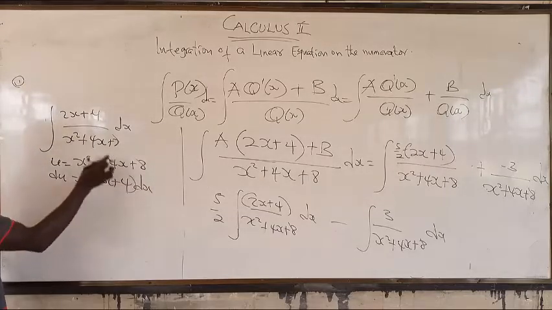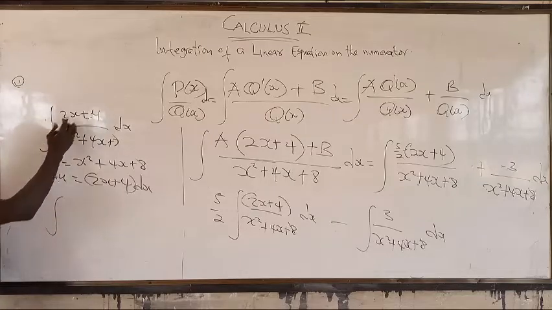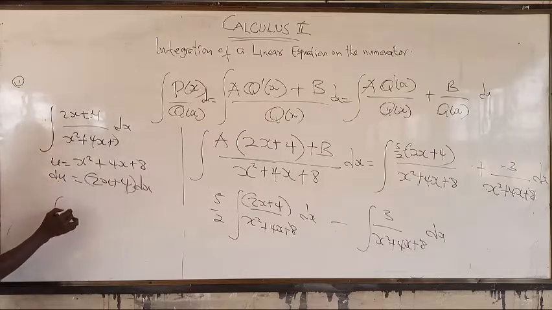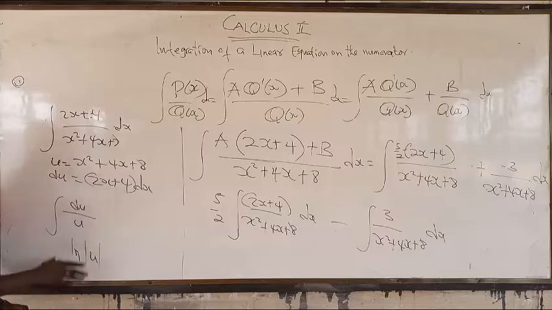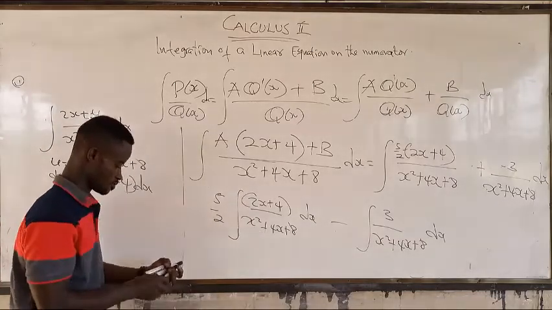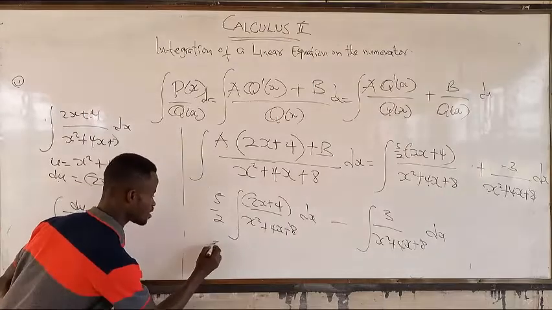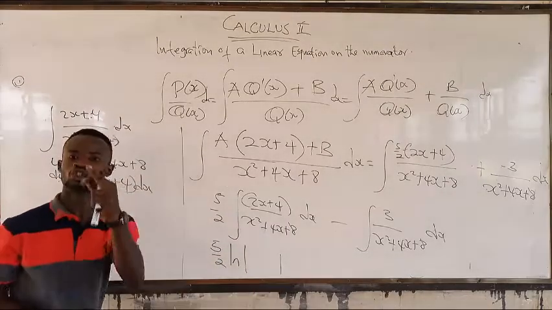And the whole of this is the same as this, and that is du over u. And this is ln u. Simple. You can see that this is ln u. So this is just the same as 5 over 2 ln u.